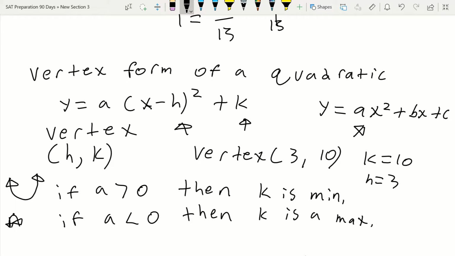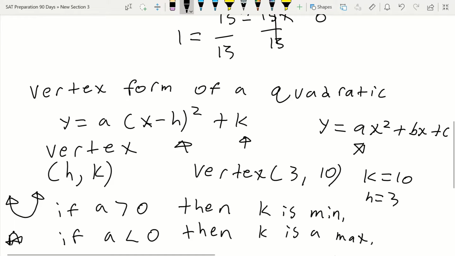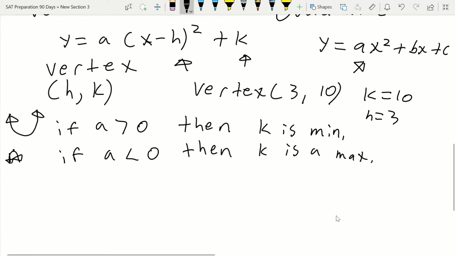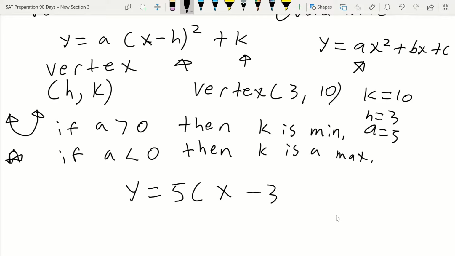So then what's our equation going to look like? Well, we don't have a definite a value because all we're given is a vertex. So our equation could look something like y is equal to, we'll say a is 5, times (x minus 3) squared, because our vertex is at 3, so h is 3. And then plus k, we know k has to be 10.